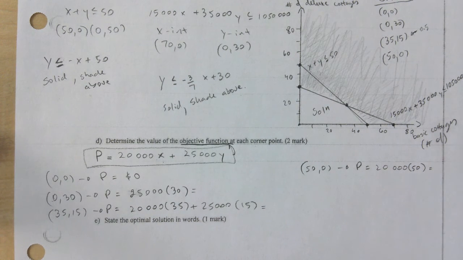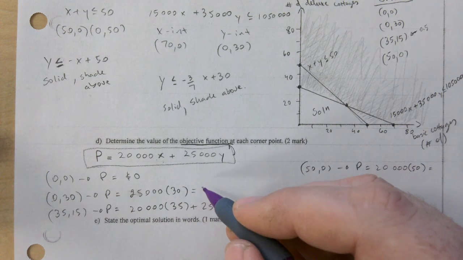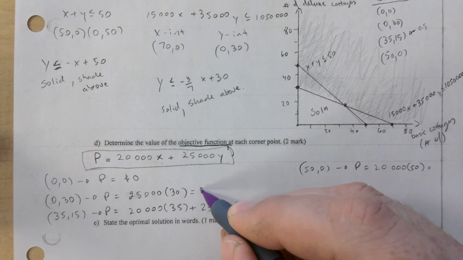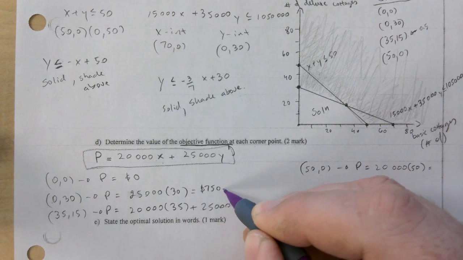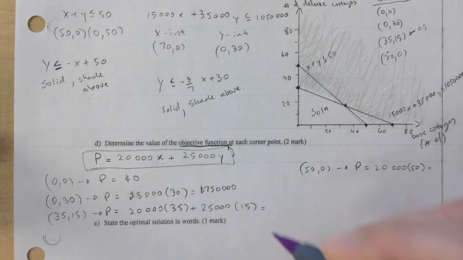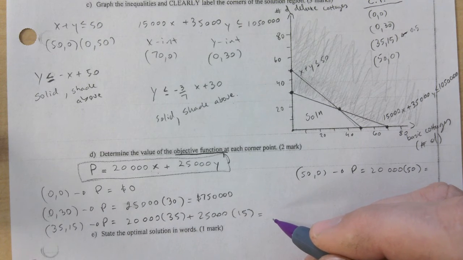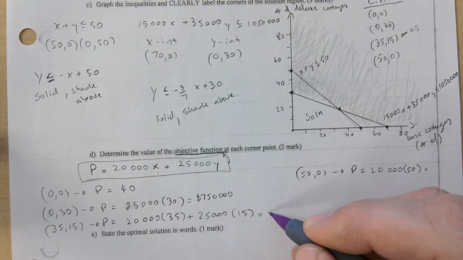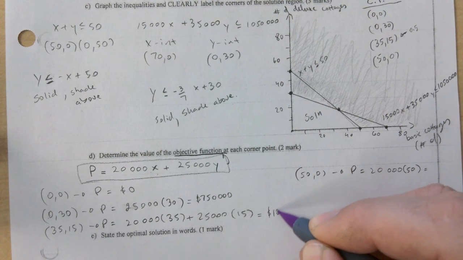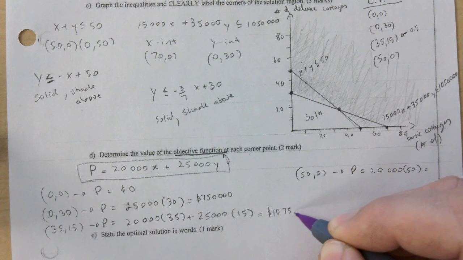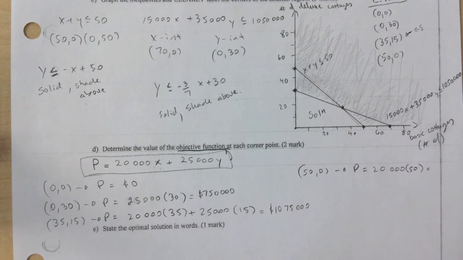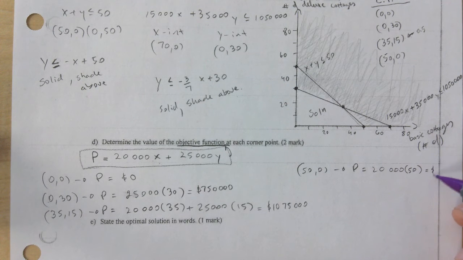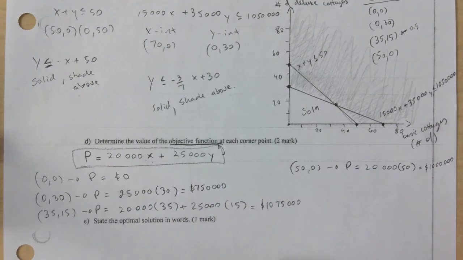And when you run those through, you get 750,000 here. You get 1,075,000 here. And you get 1,000,000 exactly here. Okay.